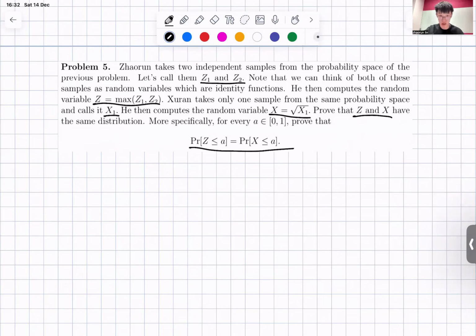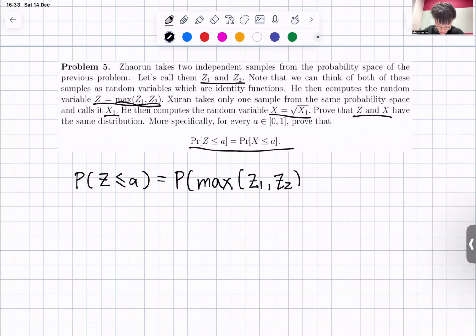So we have to prove this. We can just write Z, the probability that Z is smaller than A, because Z is the maximum of Z1 and Z2. Let's write this one first.